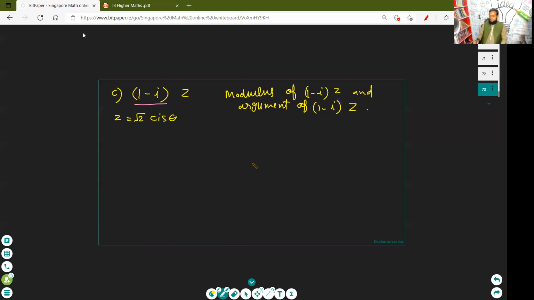Now find it. So I'm going to just write this. Modulus, right? This is Z, and this is W.